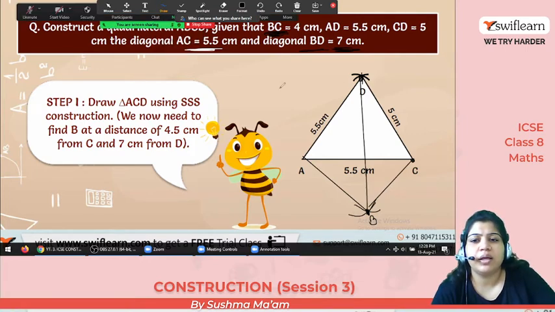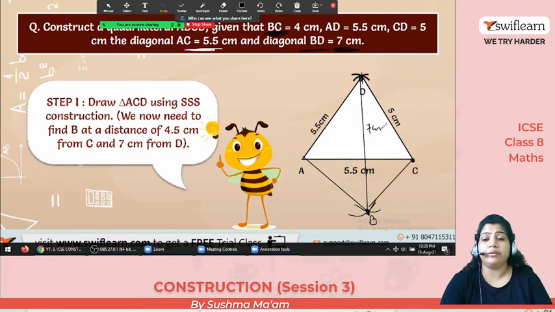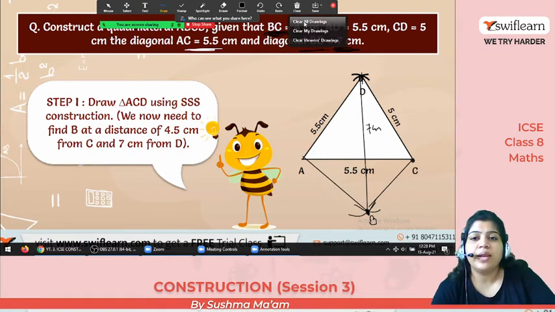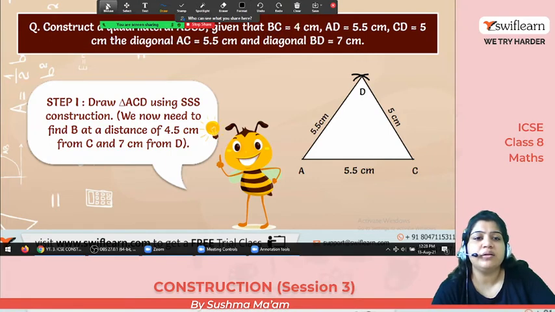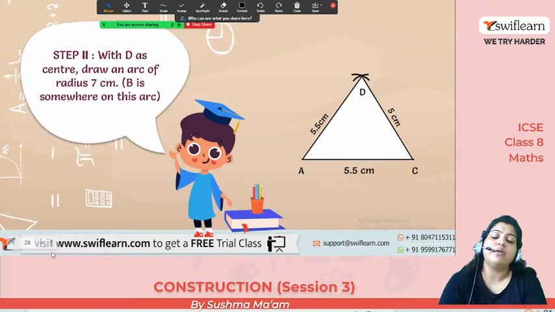Okay, and that is 7 centimeter, and this is your final quadrilateral. So like this, if 2 diagonals and 3 sides are given, we can construct a quadrilateral.